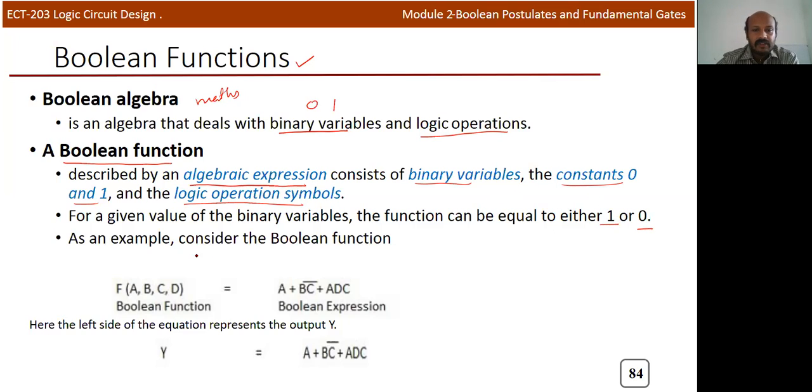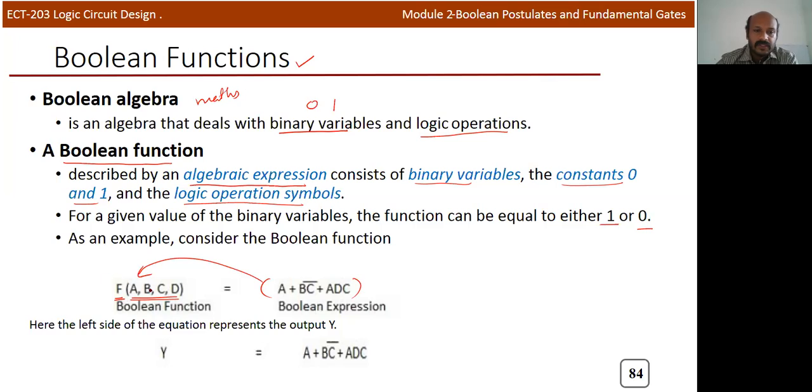Here you can see one Boolean function written. Here f is a Boolean function, and the Boolean variables are a, b, c, d. Here you can see 4 variables. By using these 4 variables, one Boolean function is expressed: a plus b c bar plus a d c. So this expression represents the function f.